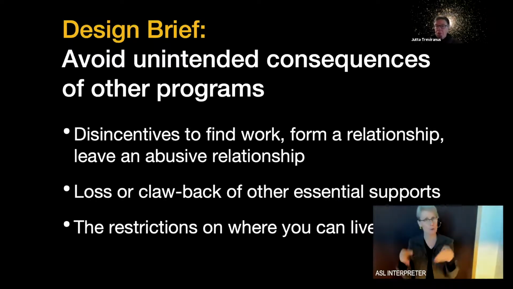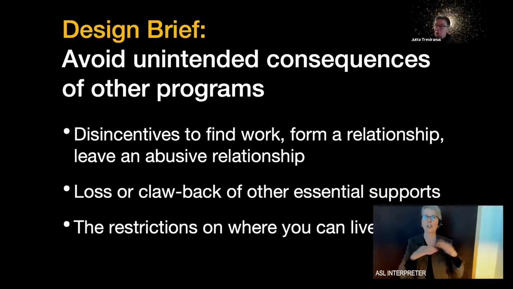So moving on with the design brief, some of the criteria we want to meet or the goals are to avoid the unintended consequences of other programs. And quite often, we call this the Cobra effect, or the unintended consequences of treating a problem more simply than it is, a complex problem. And this is undeniably a complex problem.